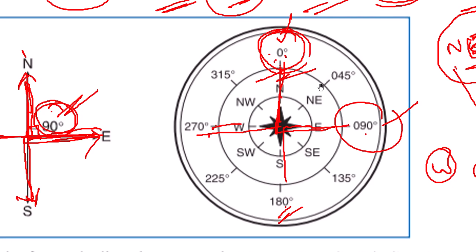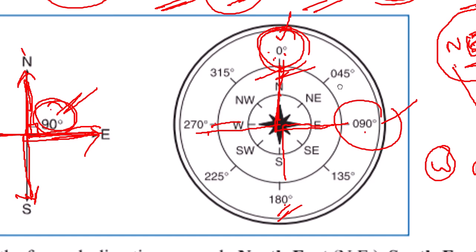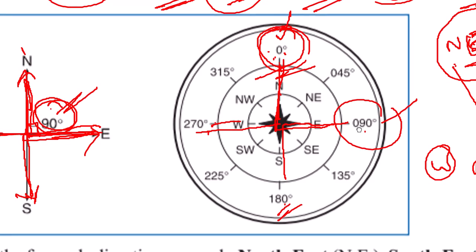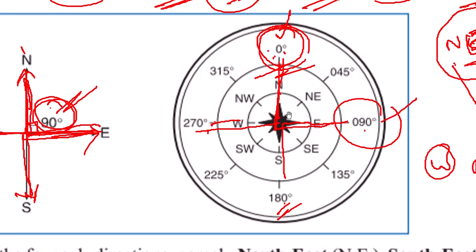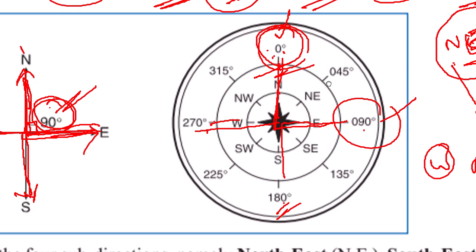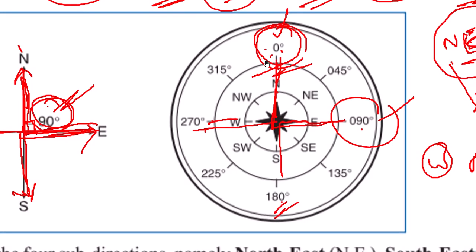Between north and east, we can define one more direction, which is called northeast, at 45 degrees. Between 0 degrees and 90 degrees, we have 45 degrees. So with an inclination of 45 degrees, we can denote the northeast direction, in between north and east.